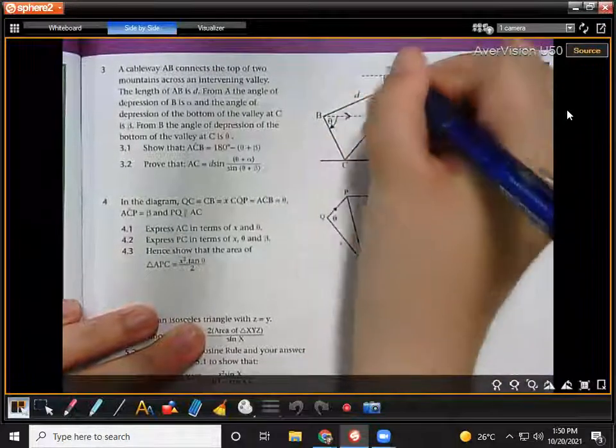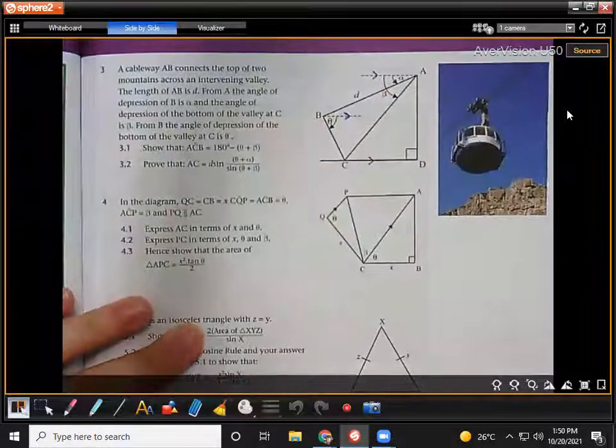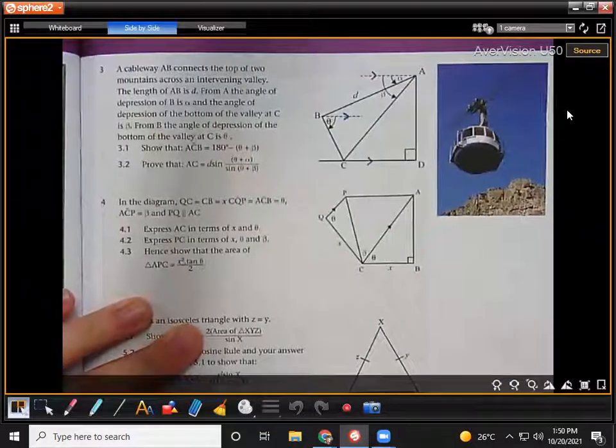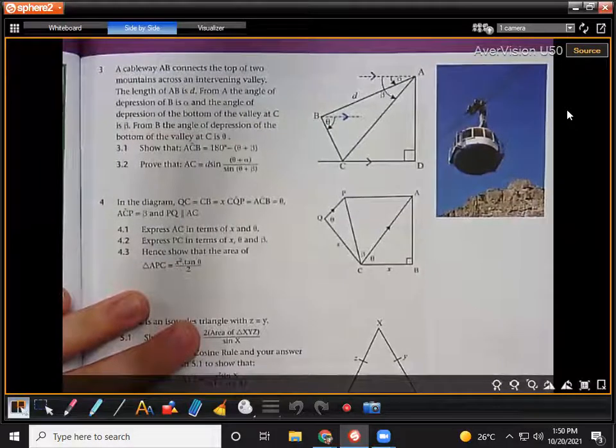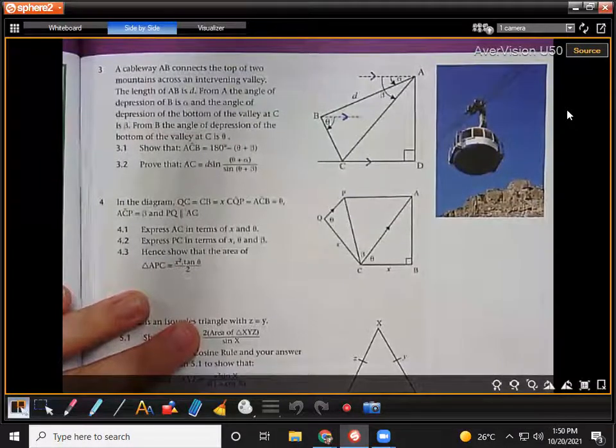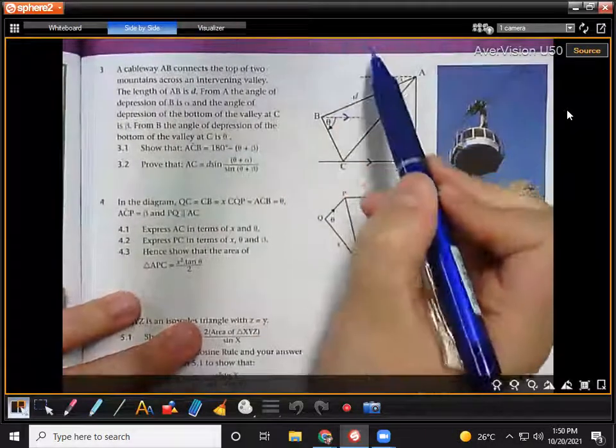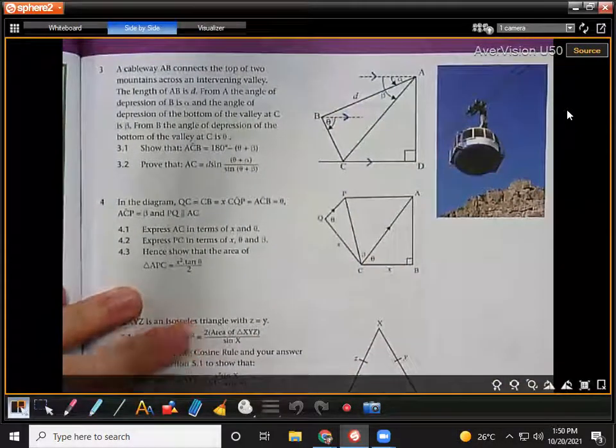You can put it in on your picture in your book if you want. If they're showing you those dotted lines, then they are parallel to the ground in this case. So there you might have to use alternate angles, co-interior angles, and corresponding angles possibly. So just make sure that you put those arrows in there.